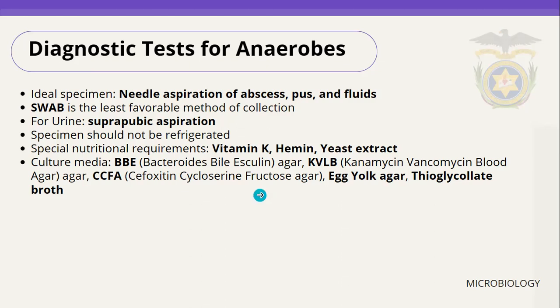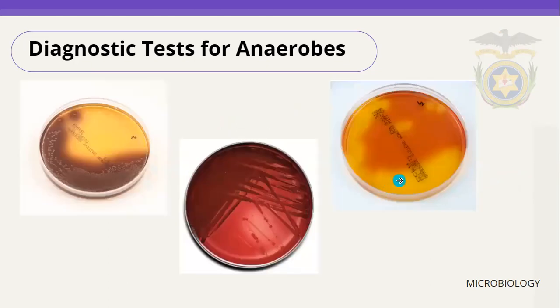Culture media normally used for the cultivation of anaerobes are the BBE or Bacteroides bile esculin agar, the KVLB or kanamycin-vancomycin laked blood agar, the CCFA or cefoxitin cycloserine fructose agar, the egg yolk agar, and the thioglycolate broth.